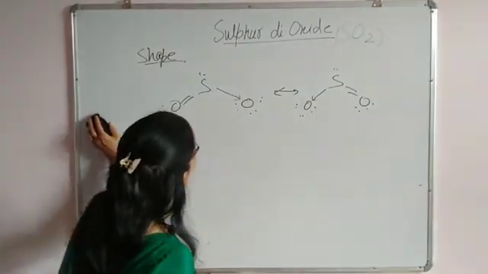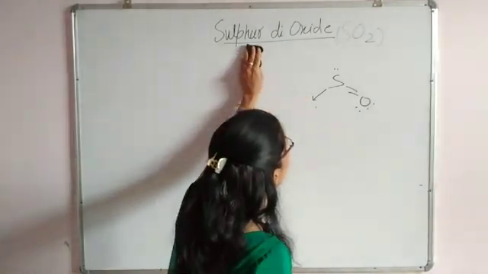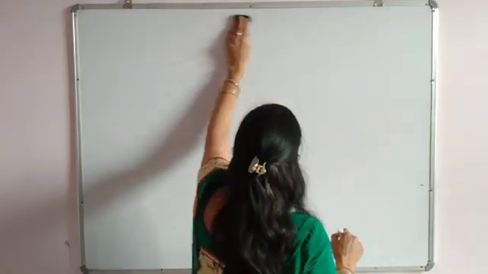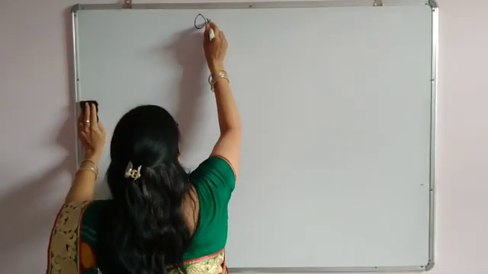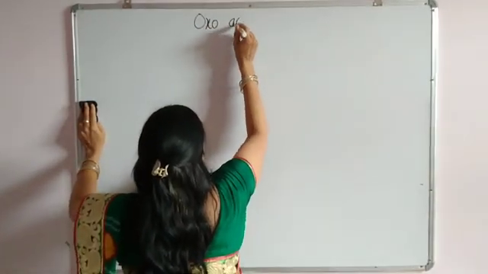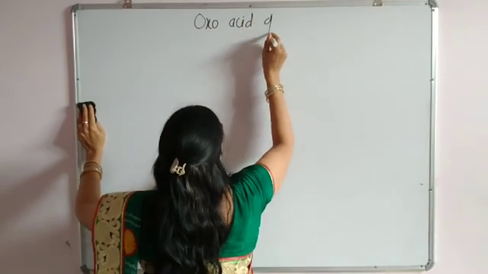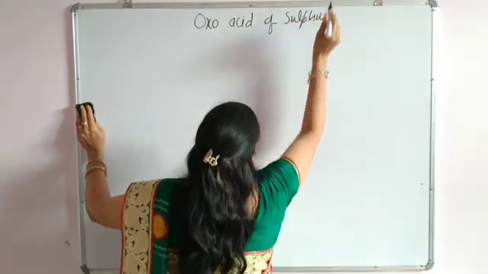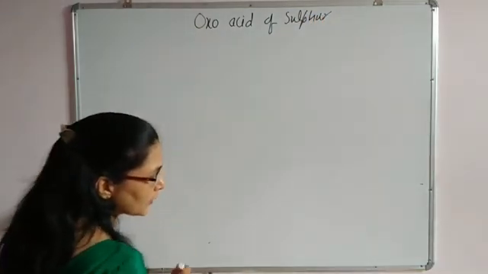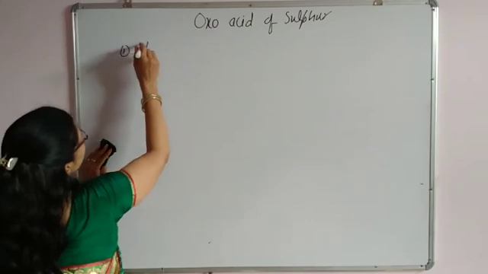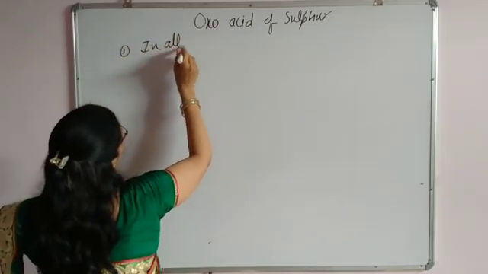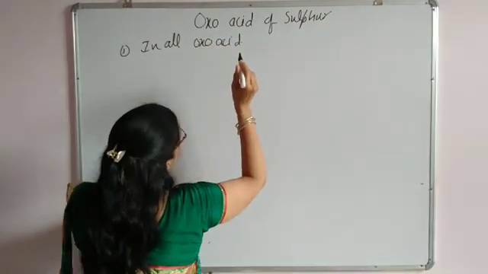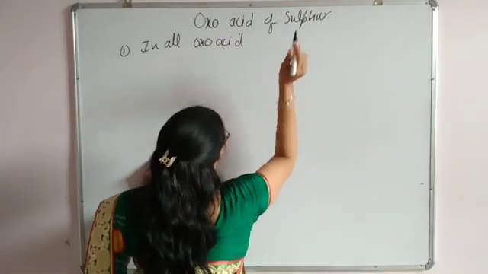Now the last component of the sulfur family, that is the various acids of sulfur, the oxo acids of sulfur. A few points I am writing on the board: it is true only for sulfur.